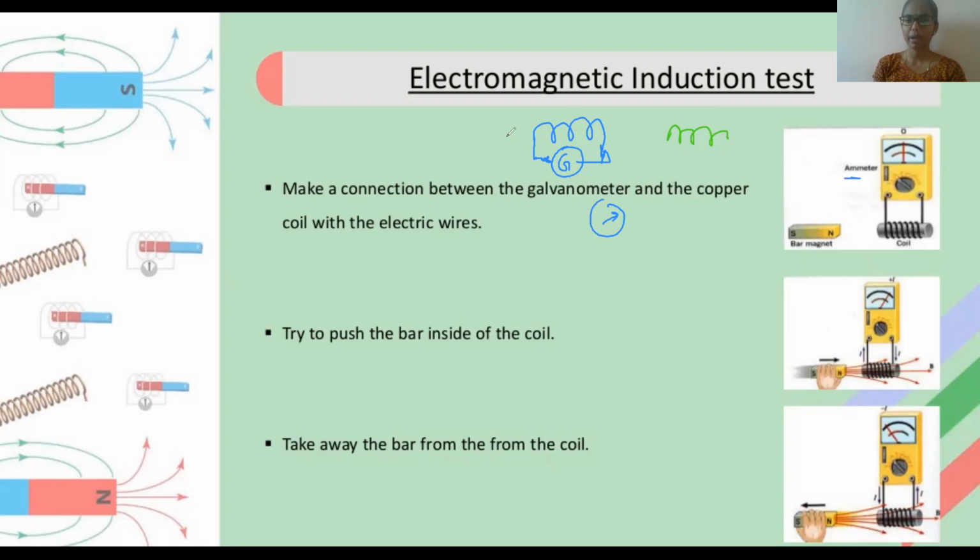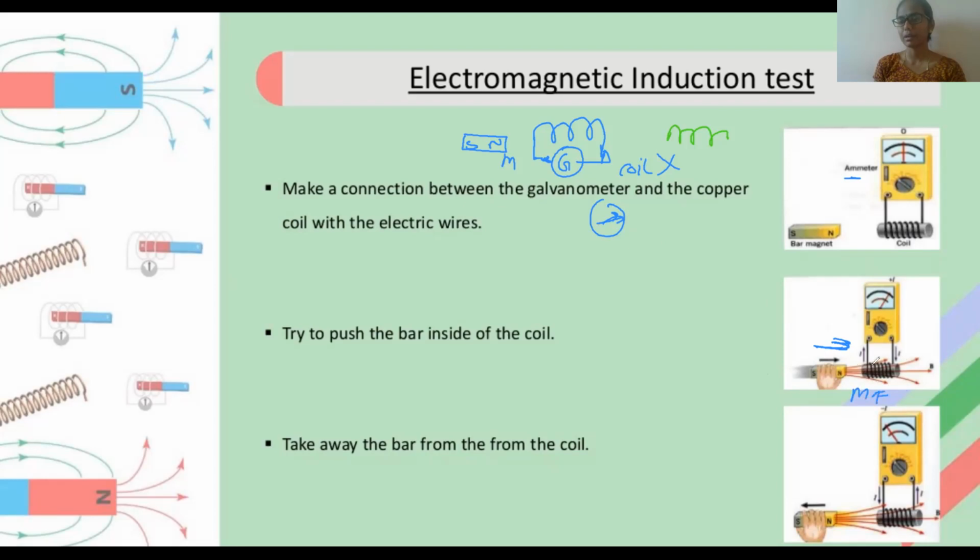When the magnet, north and south pole, and the coil are at rest, there is no deflection in the coil. If you bring the magnet approaching towards the coil and immerse it into the coil, you can see the deflection. That means when you bring it, we are changing the magnetic field.